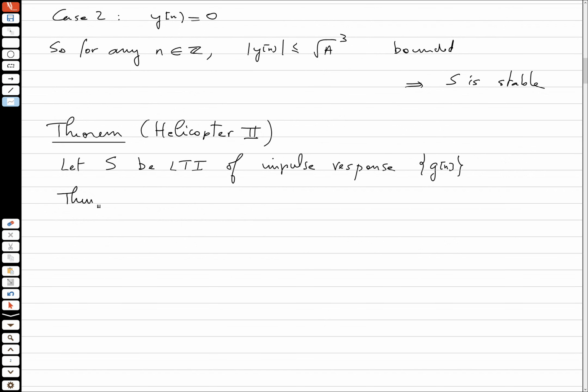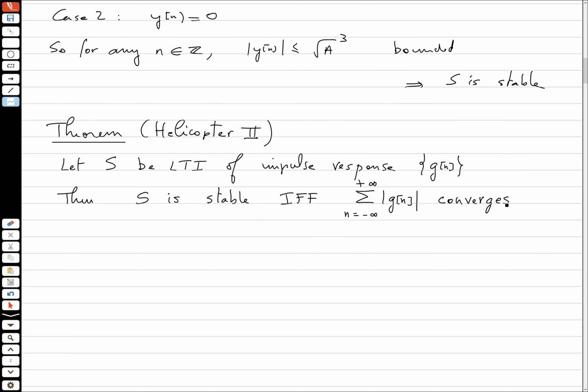Then, S is stable if and only if, so there's going to be a way to state stability by looking at g of n, and that test is harder than for causality. You have to perform the summation of absolute value of g of n. Actually, I should say magnitude, because it also works for complex sequences. So S will be stable if and only if this summation converges.